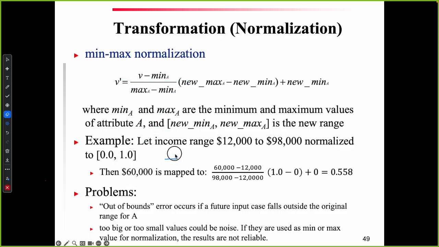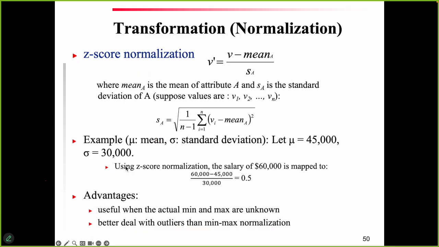So let's go to the next one. Z-score normalization. I was saying, for example, when to use min-max. Now you use this type of normalization, Z-score normalization, if, instead of using min-max, you just look at how data is distributed.